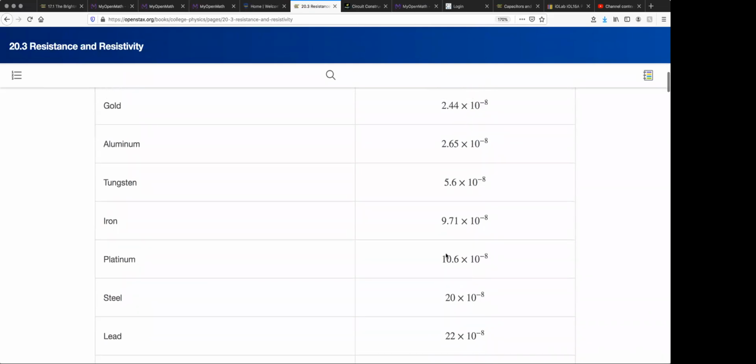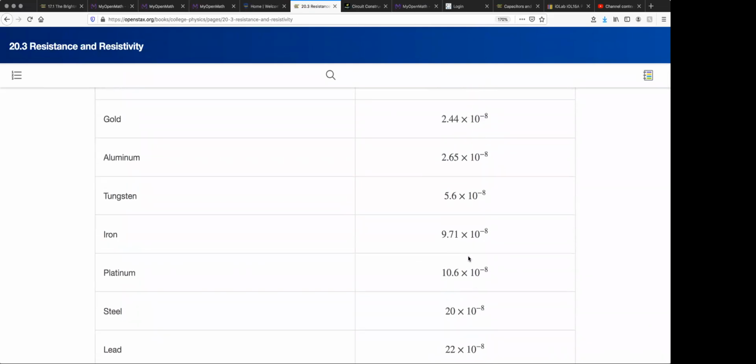One of the great things about platinum, however, is that platinum's resistance doesn't change very much with temperature. It has a very stable temperature change curve. And so very expensive thermometers are actually made with platinum with current running through them. They put a current through a platinum wire, and then they put that wire in the environment they want to measure the temperature of.